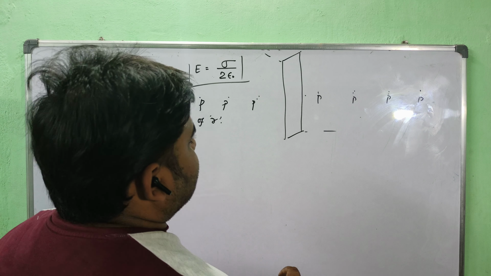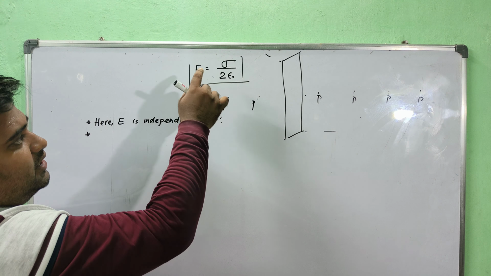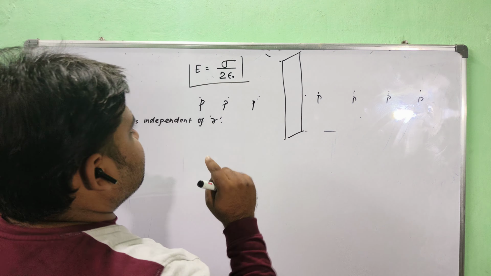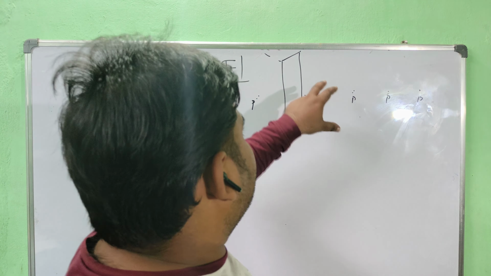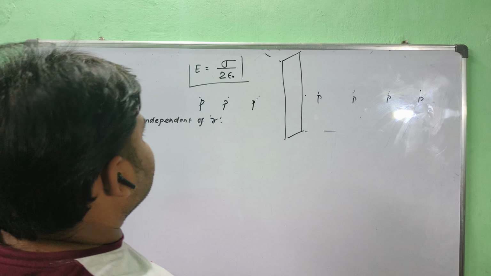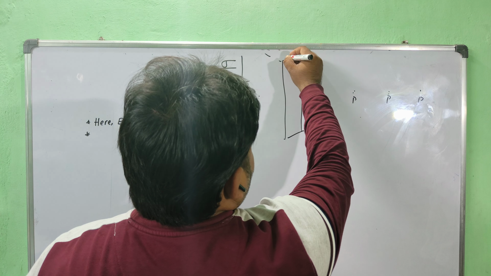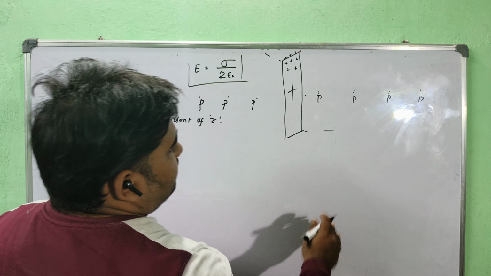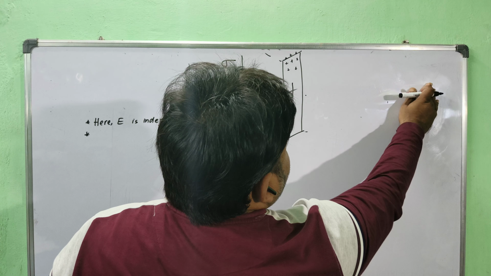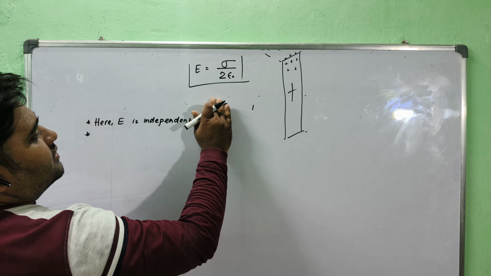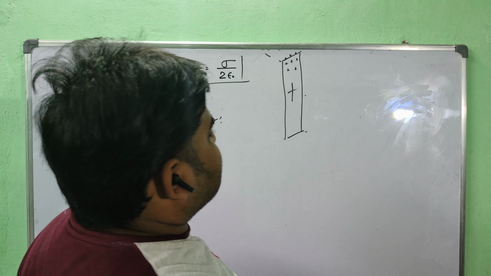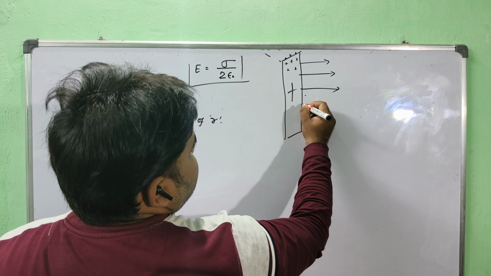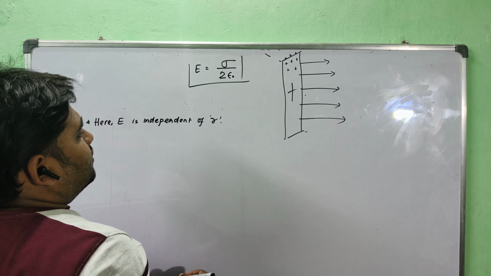Also, what is the direction of the electric field? The direction of the electric field depends upon sigma. If sigma is positive, that means it is uniformly positively charged, then the electric field is going this way. Let me write a plus in the middle, and you should assume that it is uniformly distributed with surface charge density sigma. If it is uniformly charged like this, then the electric field lines are going outward.